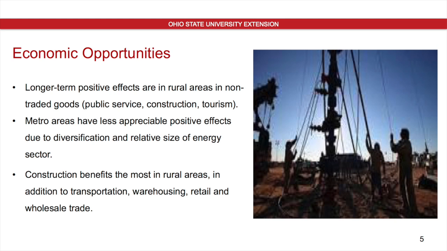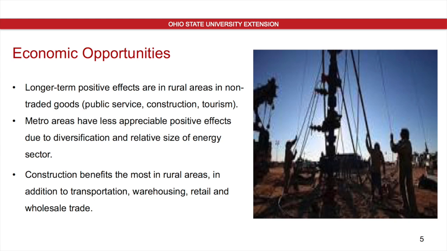Energy sector booms are typically negligible to negative in metropolitan areas, as shown in the research, and this is mostly due to metro areas being large and energy being a relatively small sector in terms of employment.